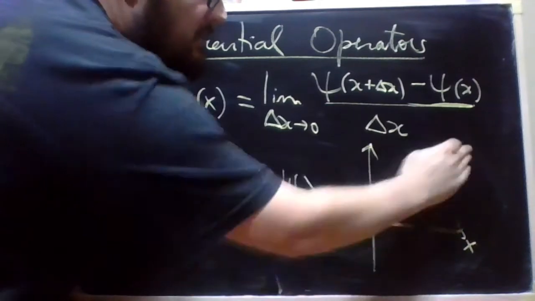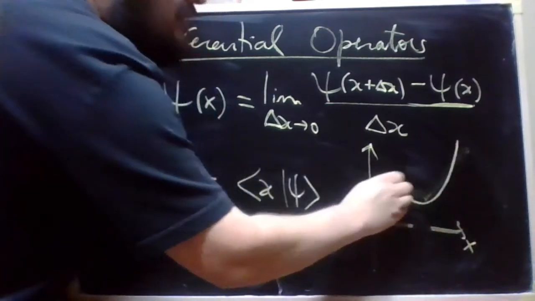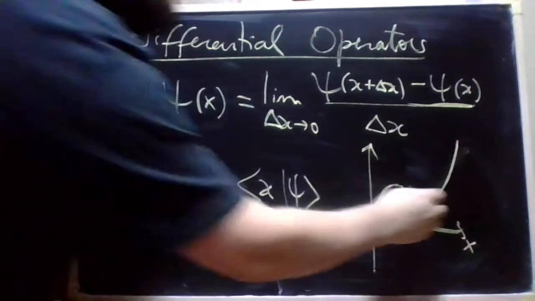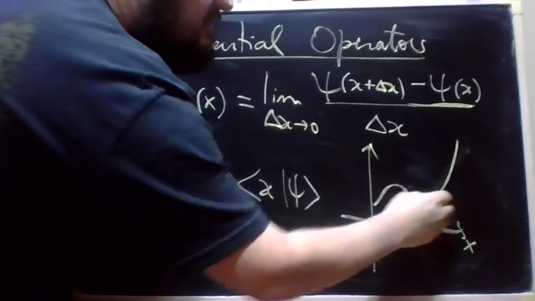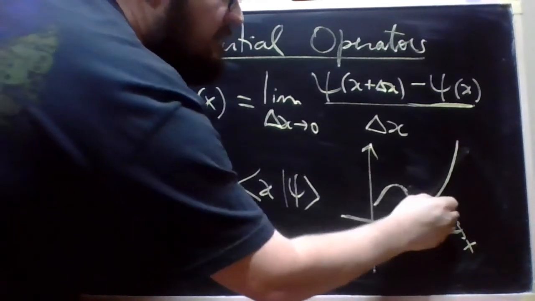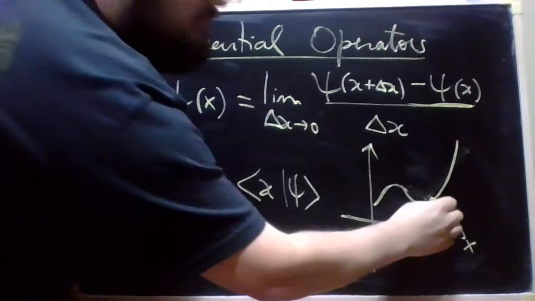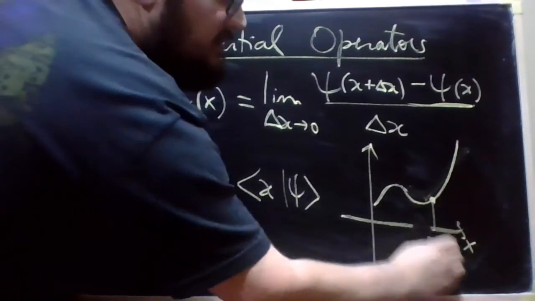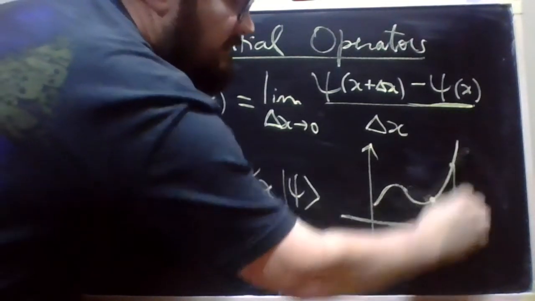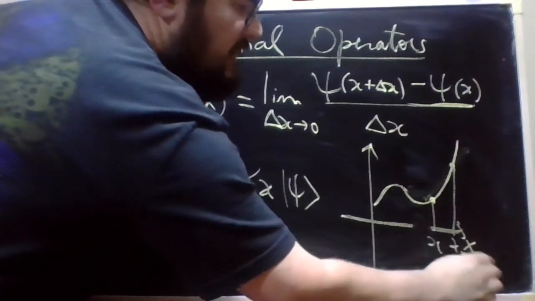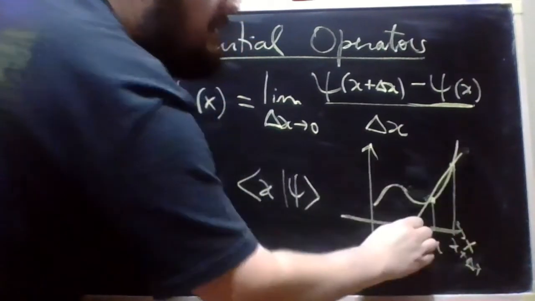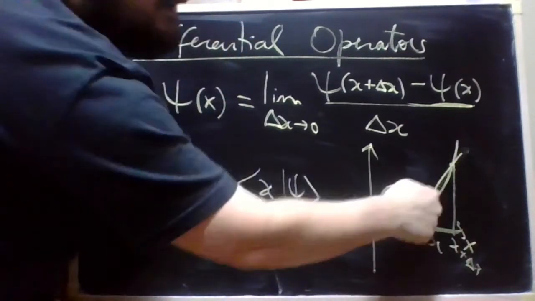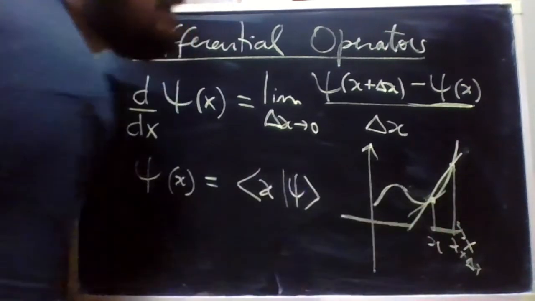Let me put the graph this way. You can calculate the derivative, say here. Then you pick the function here and some place x plus delta x, and this is the second curve, but in the limit it becomes the tangent here.